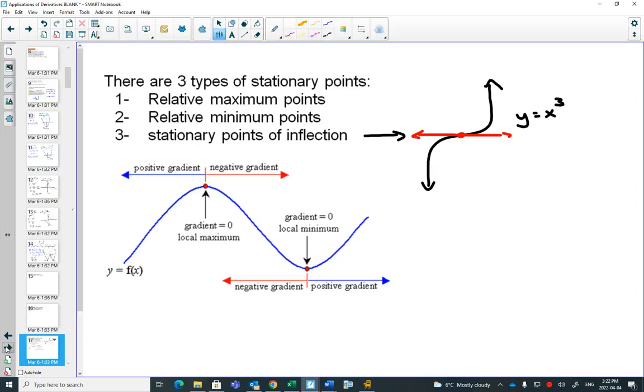This curve changes from being bent downwards to being bent upwards. Whenever a graph changes its bend, we call it an inflection point. It changes its concavity from concave down to concave up. So that's what an inflection point is. A special kind of inflection point is called a stationary point of inflection because it's also where its derivative is equal to 0.